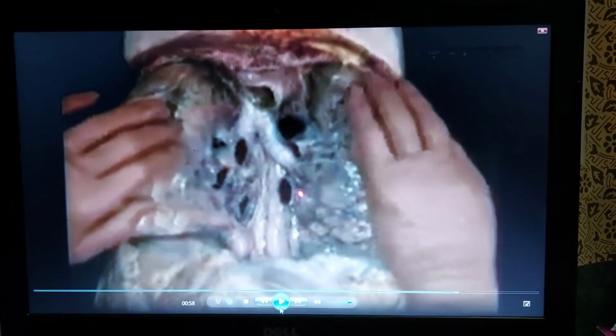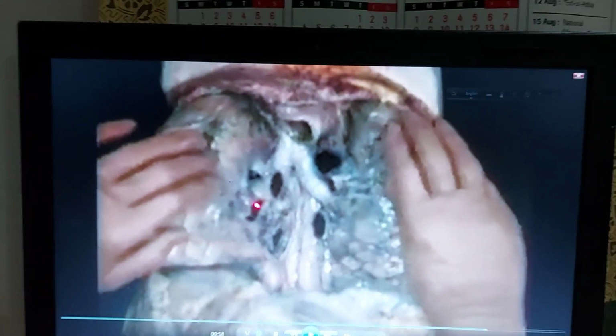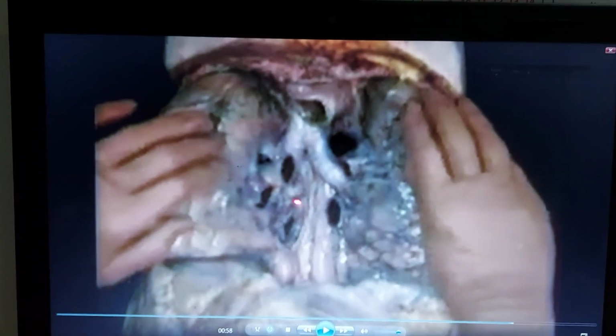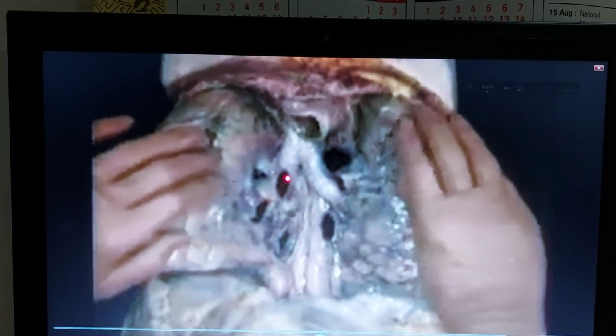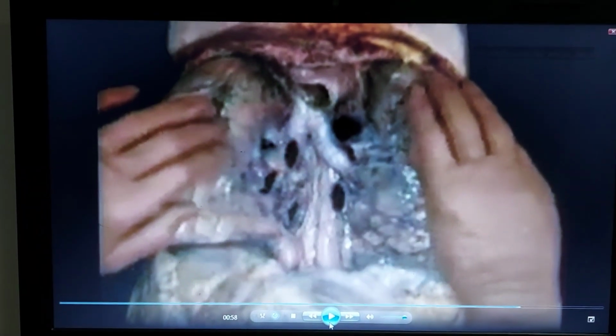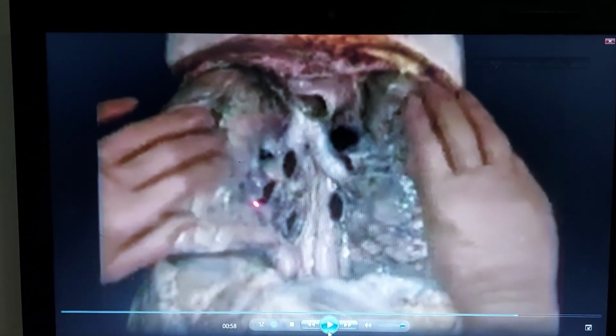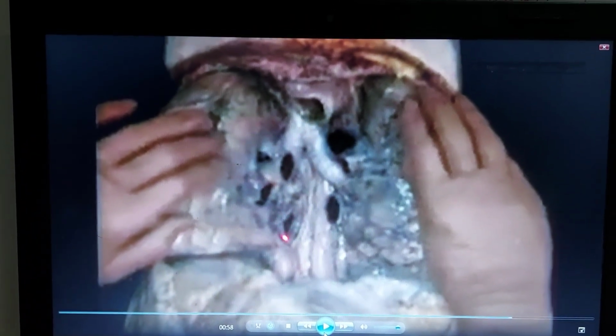Two pulmonary veins in each lung, and on the right side we can see the pulmonary artery and this is one pulmonary vein. There is another pulmonary vein.